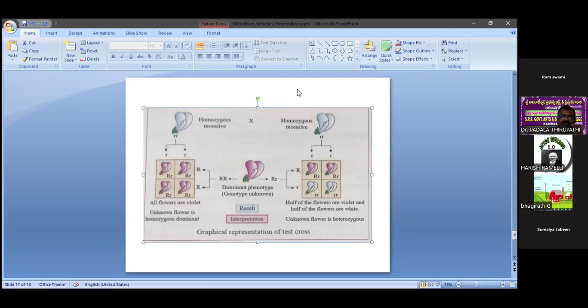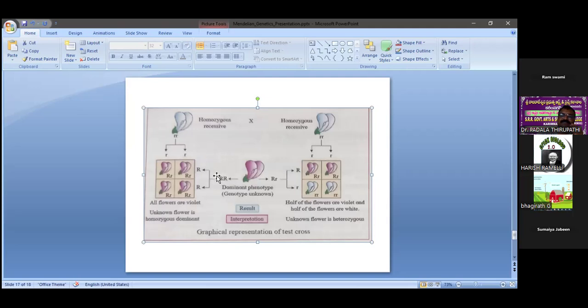Sir, can you repeat again? You select two parental plants. One of the parental plants shows a dominant character. Yes, but are the genes representing the dominant character in homozygous or heterozygous condition? I want to test whether the tall character or flower color, the dominant color, is in heterozygous or homozygous condition.